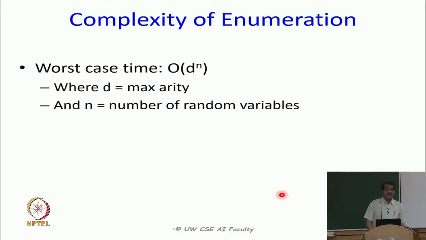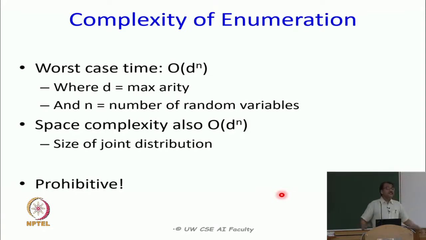Worst case time complexity for answering a query is order d to the power n, where d is the domain size of each random variable and n is the number of random variables. Why? Because that is the number of atomic events, that is the number of states that I have, and for each state I have to maintain a value and then I have to add, subtract, and even if I might be able to do that, even space complexity is exponential. Basically, we are just not going to be able to enumerate the full joint distribution.